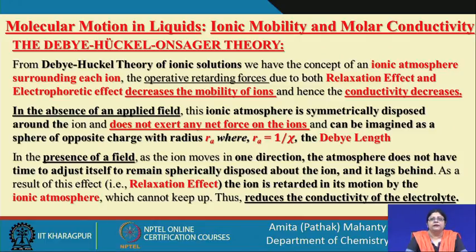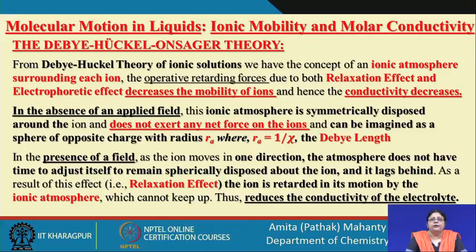And this concept of ionic atmosphere surrounding an ion gives rise to a decrease in mobility, and decrease in mobility is in effect a consequence of having a lower molar conductivity.